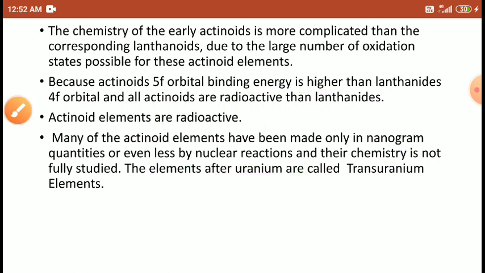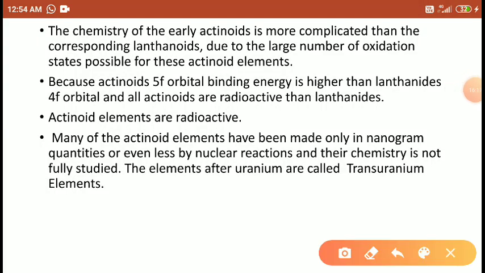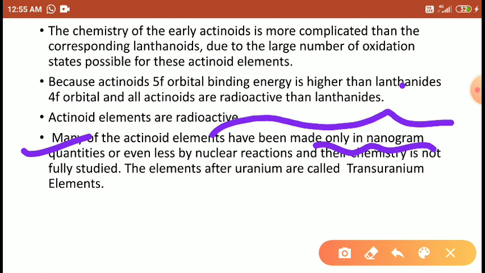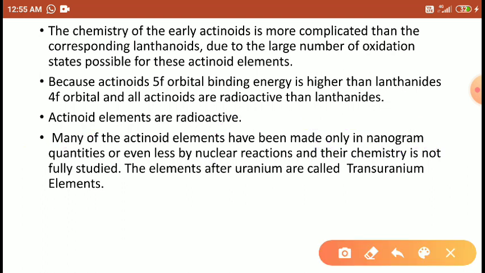Because the 5f orbital binding energy is higher here, many actinide elements have been made by the nanogram. These are available in very small quantity, students, a nano quantity, so it is called nanogram, and it is used in nuclear reactions. Nuclear reactions in chemistry are not fully studied.